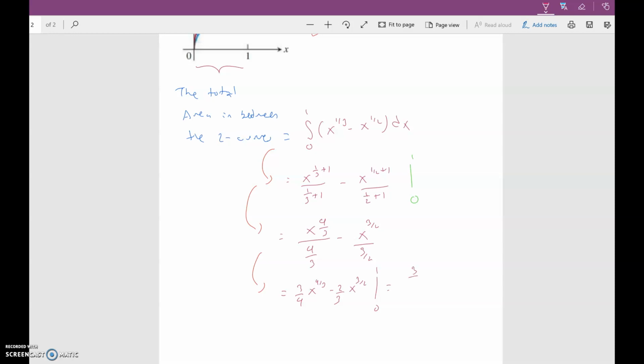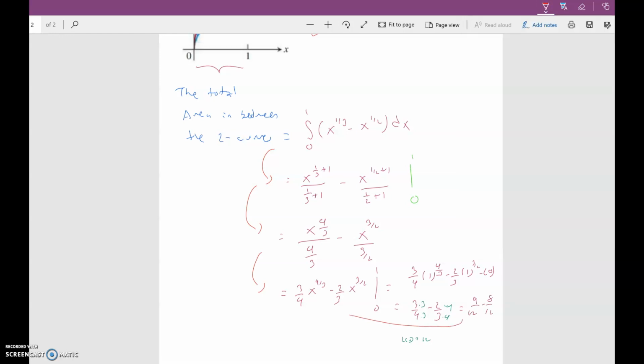It's simply going to be 3/4 times 1 to the 4/3 minus 2/3 times 1 to the 3/2, minus 0, or simply 3/4 minus 2/3, with an LCD of 12. So multiply this one times 3, this one times 4. I'm just looking at 9/12 minus 8/12.